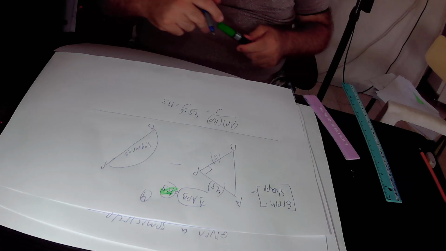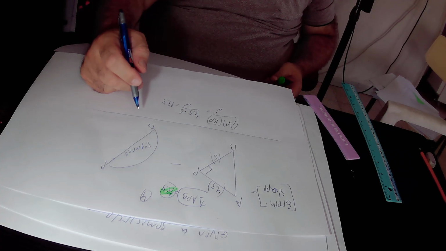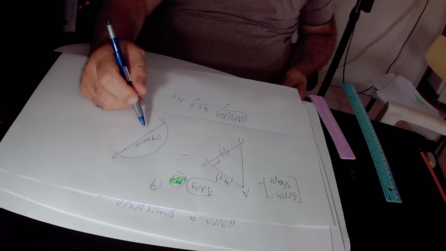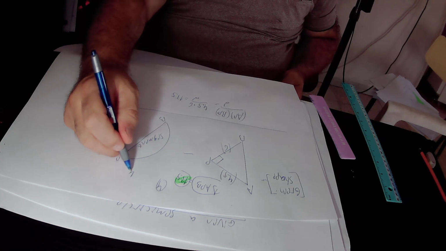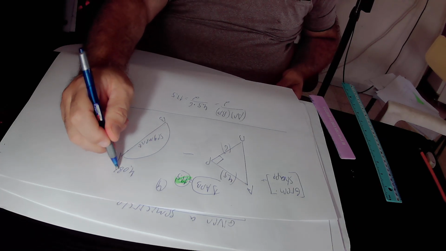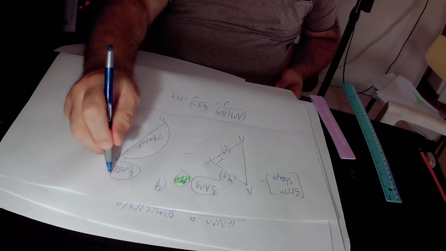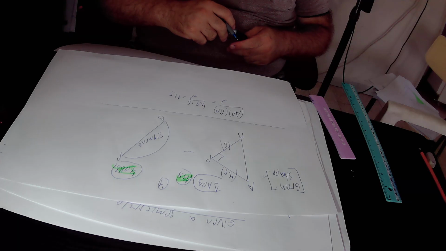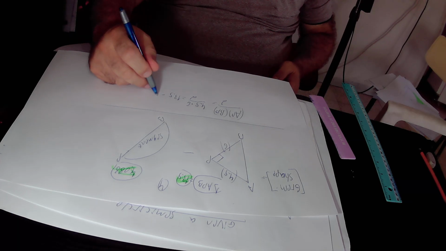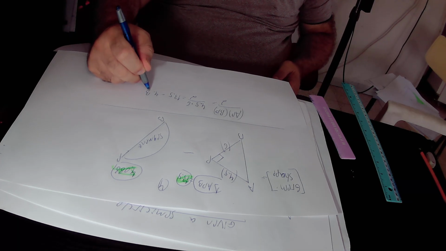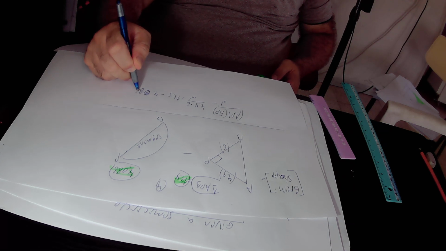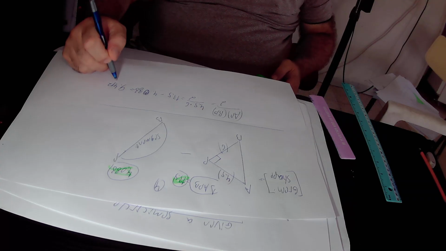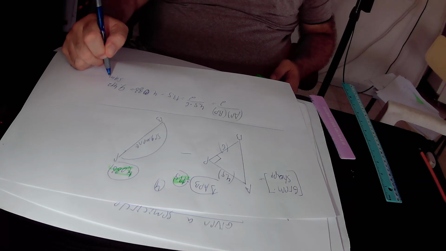minus the area of segment BP. We already found out that the area of segment BP is equal to 4.088 square units. And 13.5 minus 4.088 is equal to 9.412 square units.